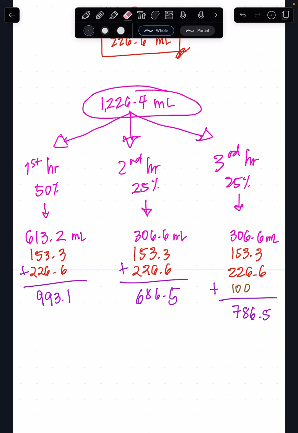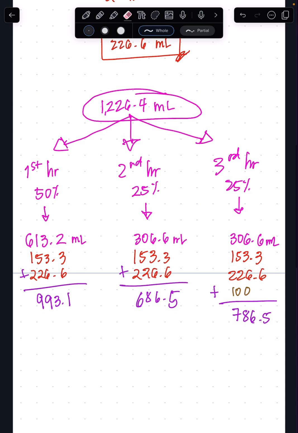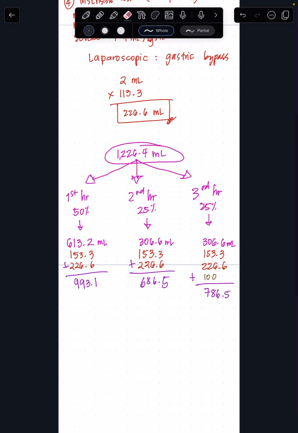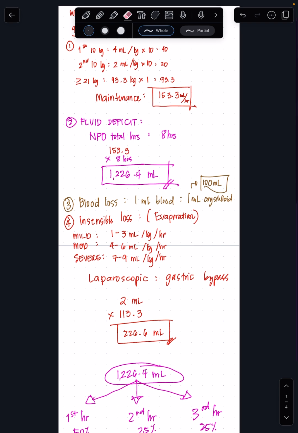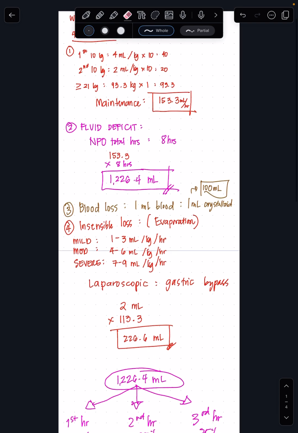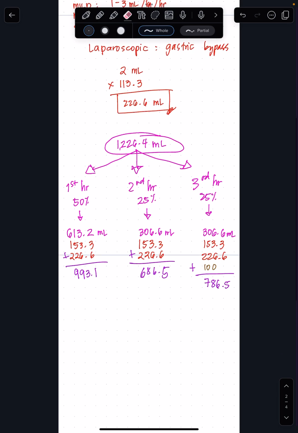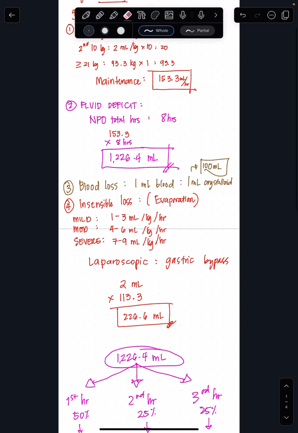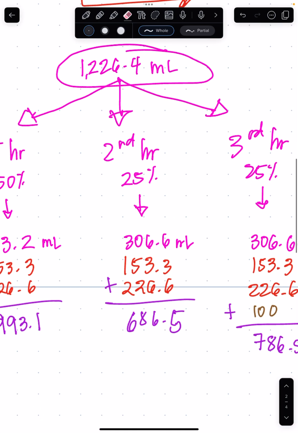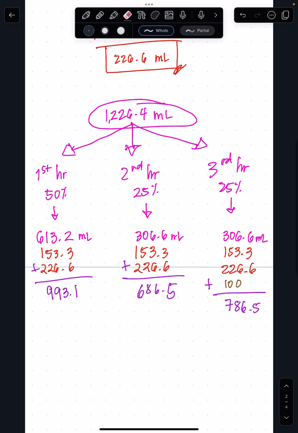So it's 786.5. So there you have it. That's how we calculate our maintenance fluid and fluid replacement for our patient in surgery. As you can tell, it's simple, but it's a lot.